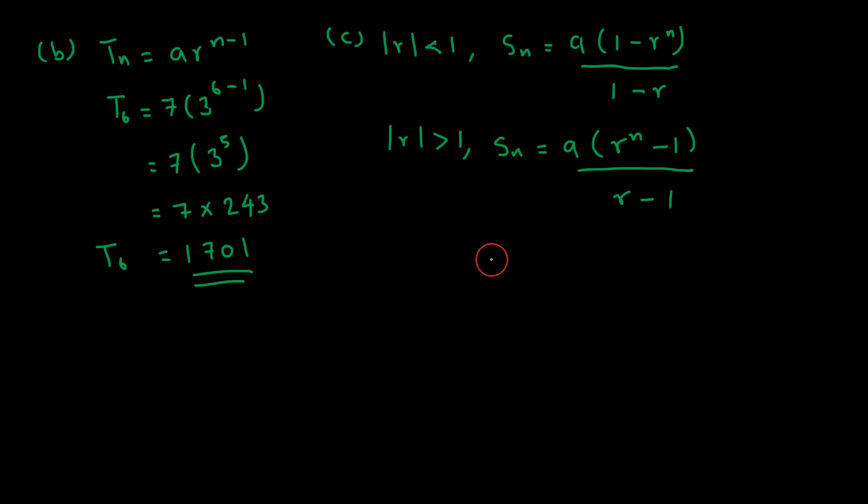So we can replace what we have. Where there's n, we replace with 5. a is given by 7. The value for r is 3. And n is 5, and then minus 1, divided by r, which is 3, and then minus 1.